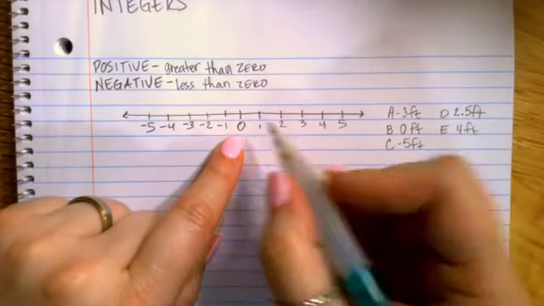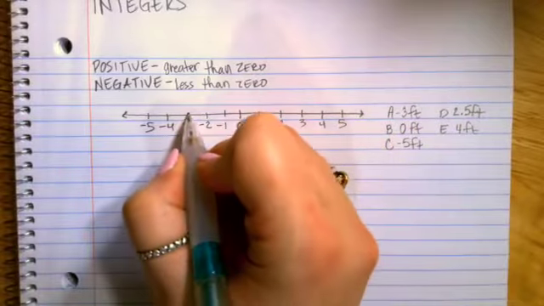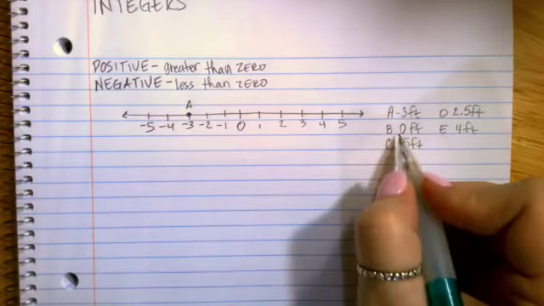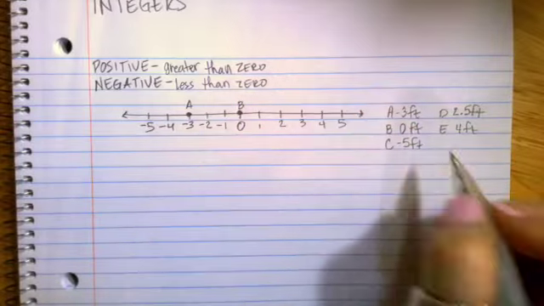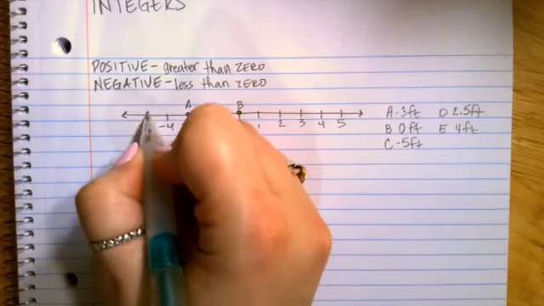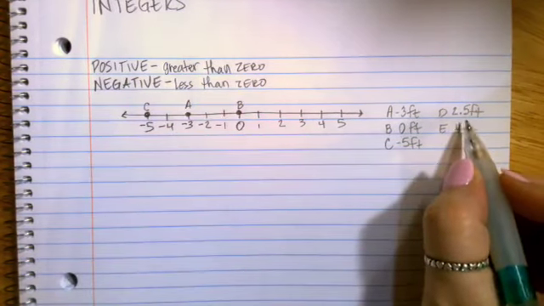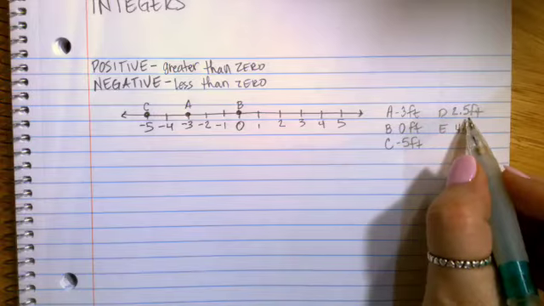Okay, so if we are -3 feet for A, that means we have to go find -3 feet, and we put it right here and say that's A. B is at 0, that's easy. C we said is at -5, so we put that here. And then D, wait a minute, they gave me a decimal. We can't forget that because they give us a decimal, that doesn't mean we don't put it on the number line. You still put it on the number line.